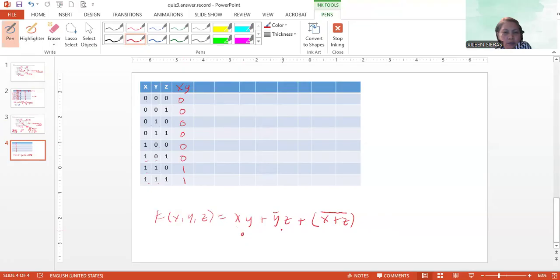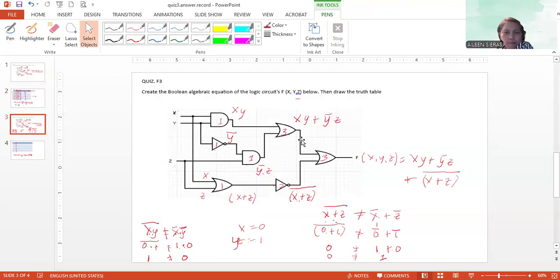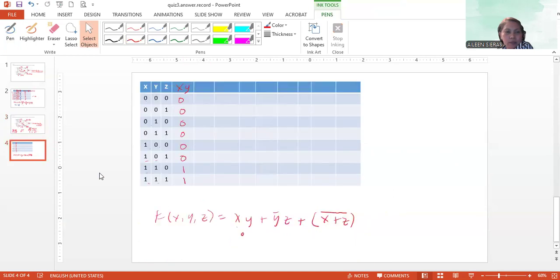Next is we have y bar z. So we don't have any y bar, so we will get here the y bar first. So that when we multiply or combine with z, it's easier for us to determine.